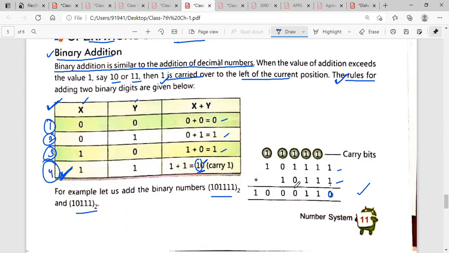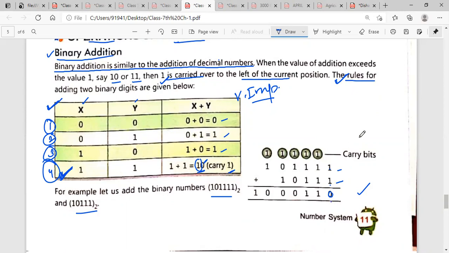Follow this table. This is a very, very important table. Without this table, you can't do binary addition. 1 plus 1 is 0, and here is 1. We will take carry. According to the fourth rule, here will be a 1 carry. We will write the 0 and 1 will be carry.